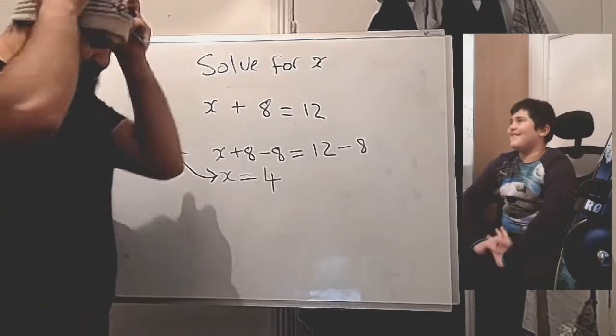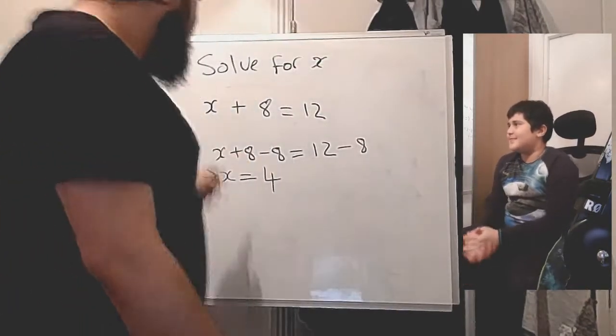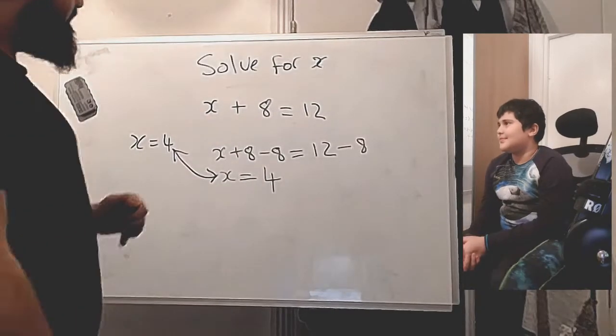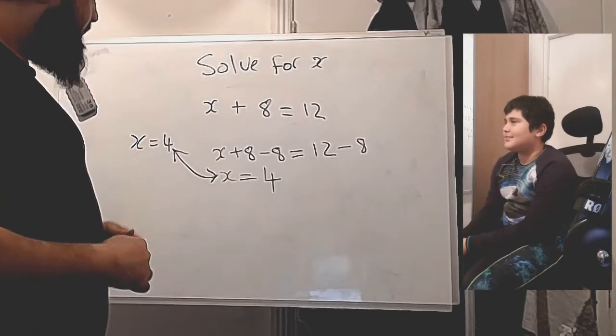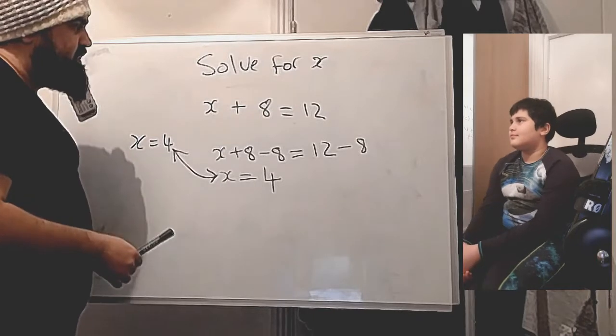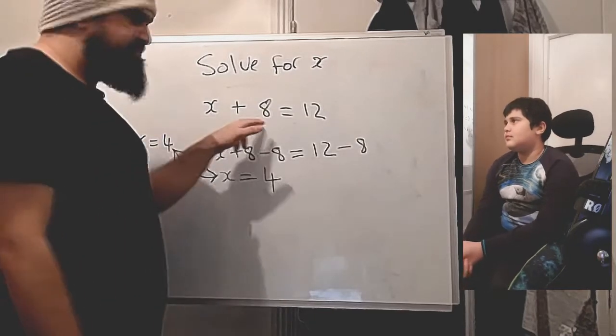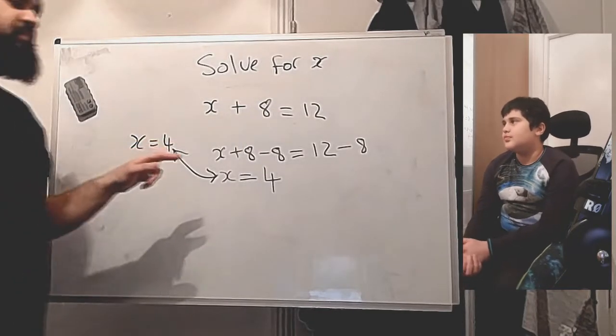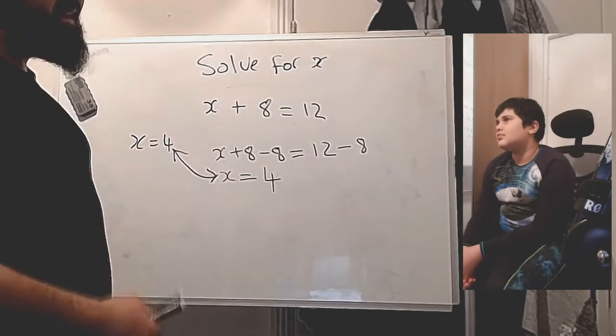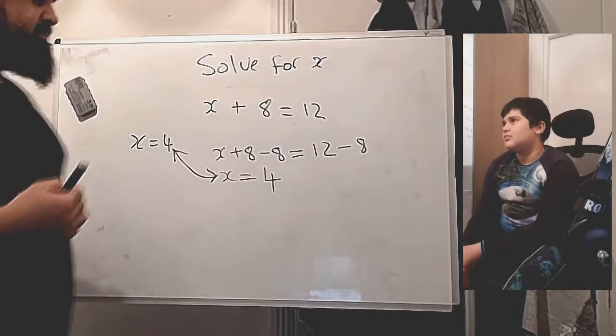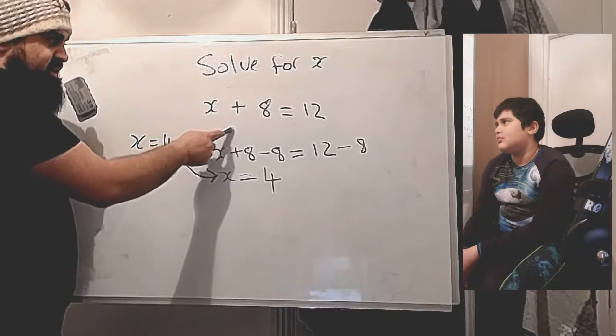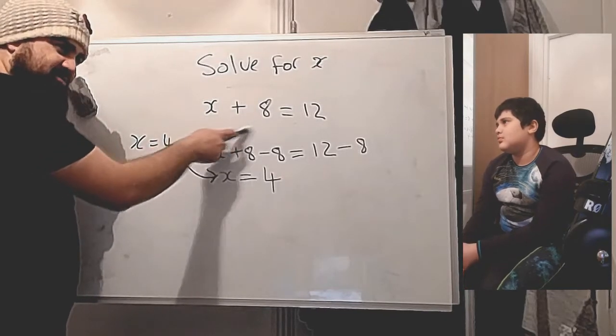Okay, listen. The way I did this was, I saw that x is with 8, right? If I minused 8 from this side, I'd get x on this side by itself, wouldn't I?